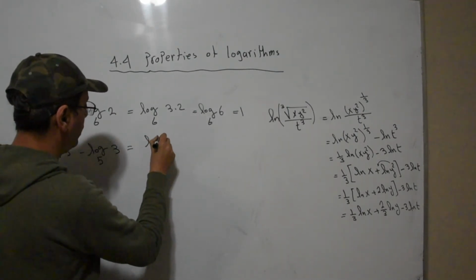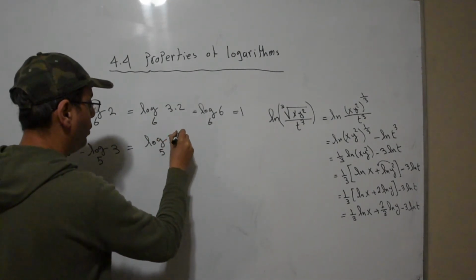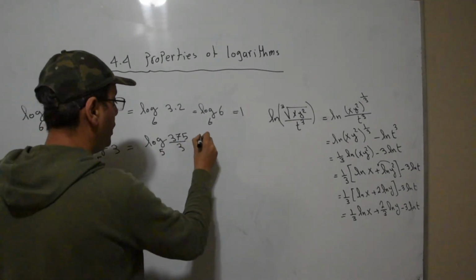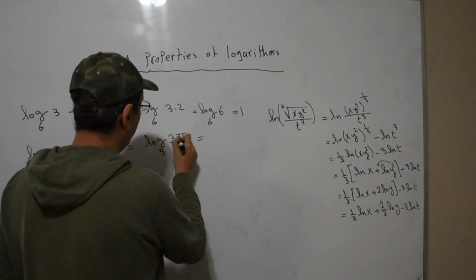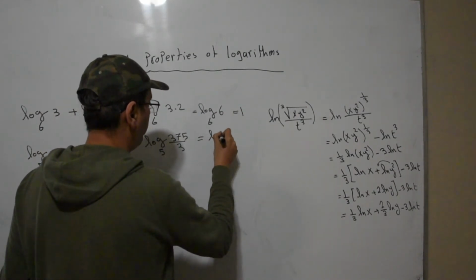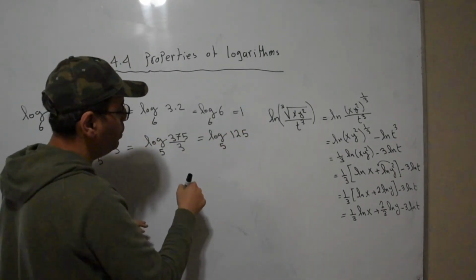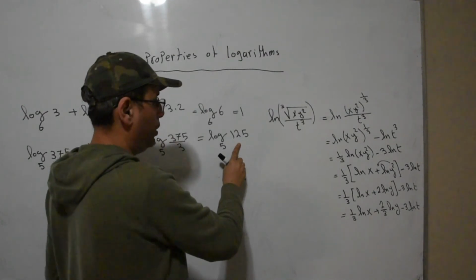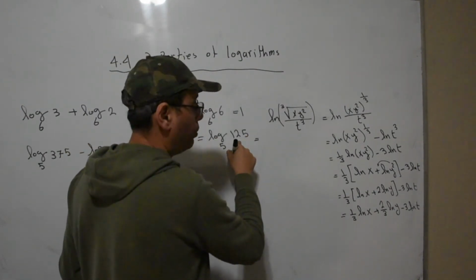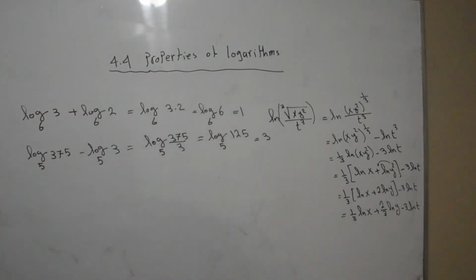I have one log base 5, this is positive, 375, this is negative, over 3. 375 divided by 3, if you compute it, that would be 125. Now 5 to which power is 125? That must be 5 cubed is 125, so the answer is 3. Okay?